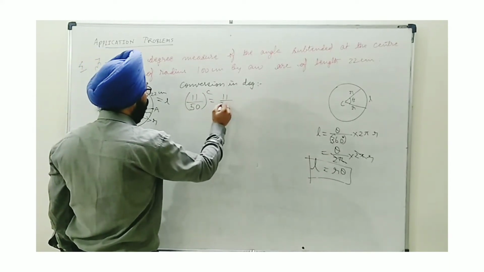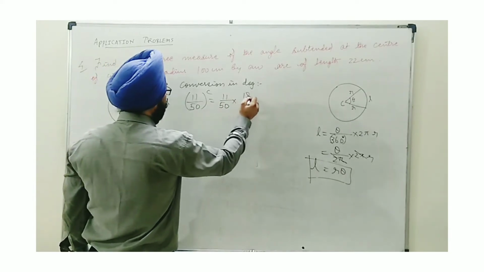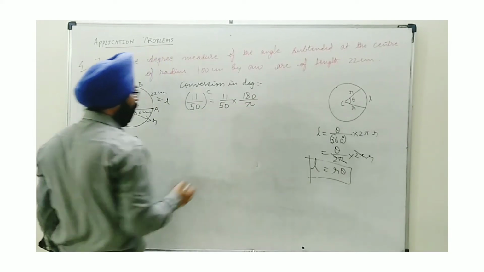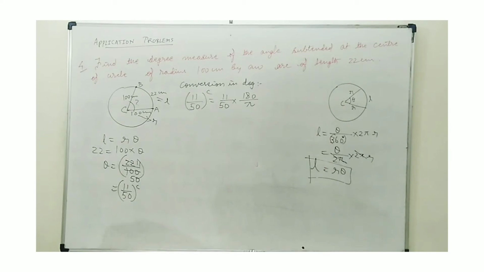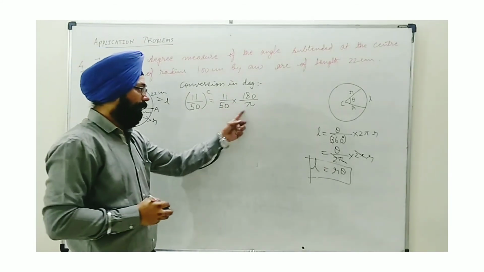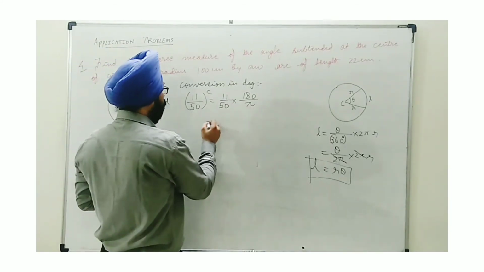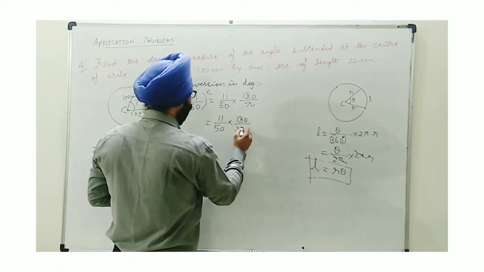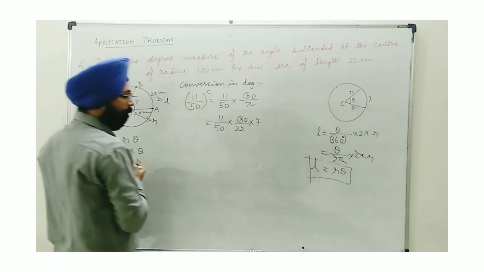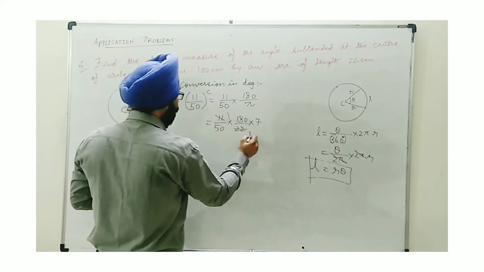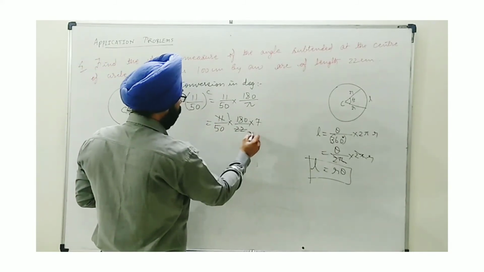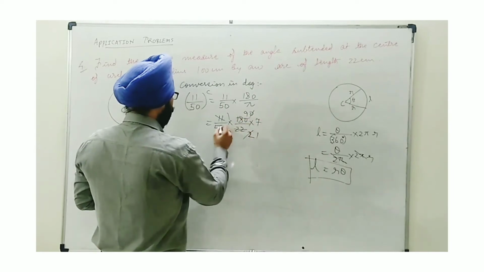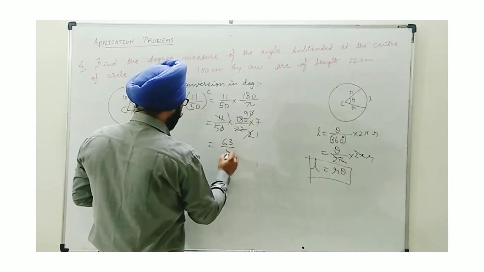It is 11 upon 50 into 180 divided by pi. To convert in degree, we have to multiply by 180 and divide by pi. Put the value of pi as 22 by 7. 7 comes up. Now cancellations: 2 elevens, and 90s. So finally we get 63 by 5.